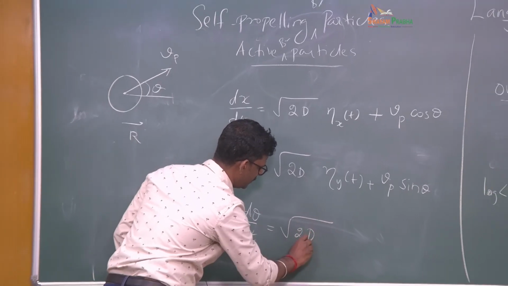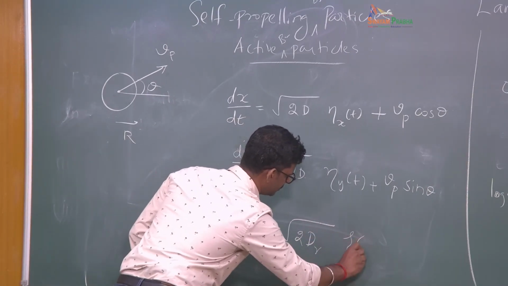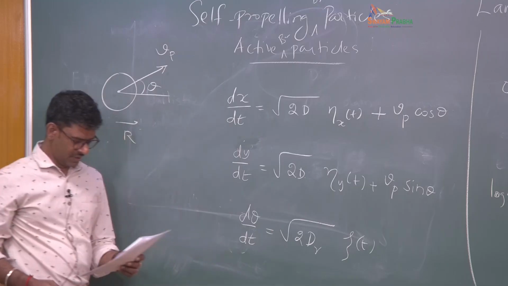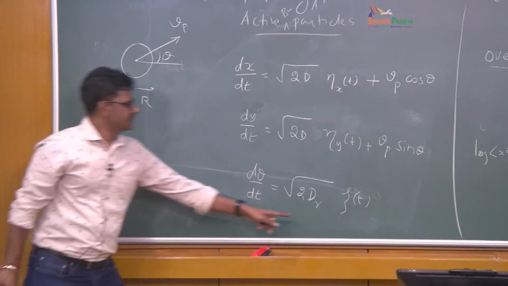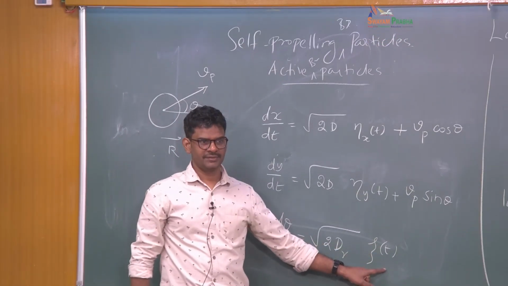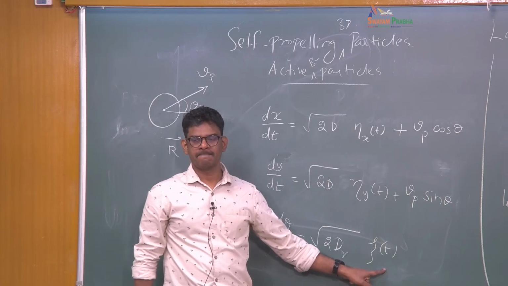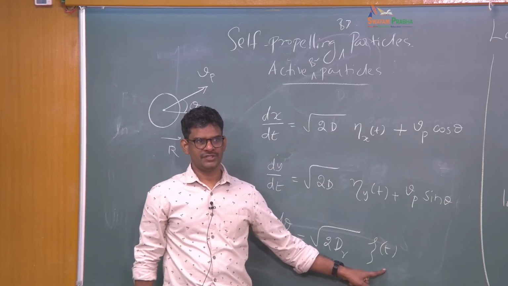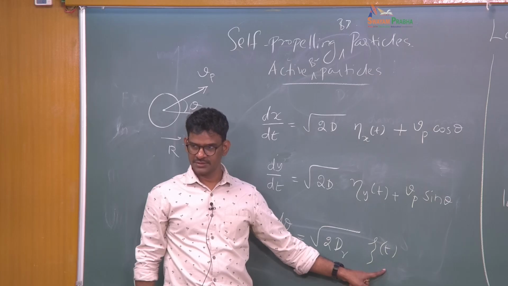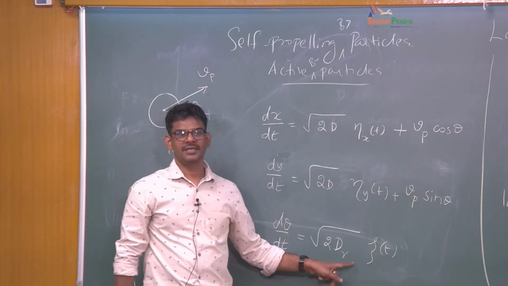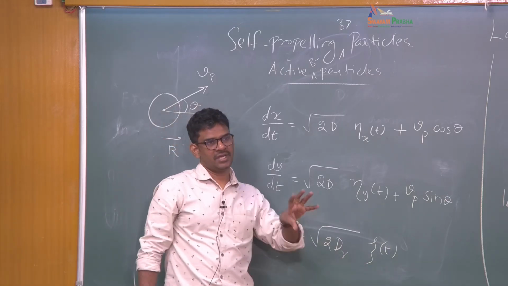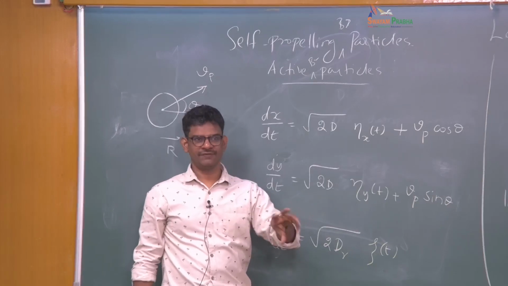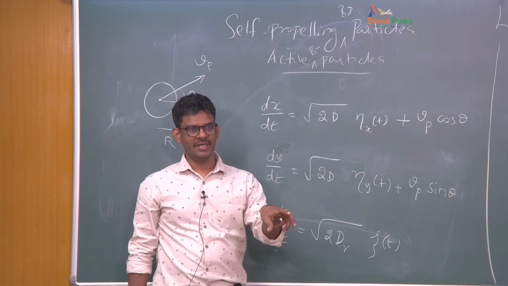We say 2 Dr eta t. This random variable is also Gaussian distributed, okay, and has a mean of 0 and variance of 1, and the prefactor is governed by the rotational diffusivity of the particle. It's a free diffusion. Okay.